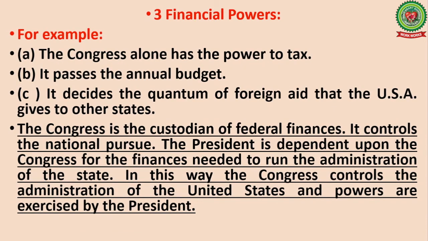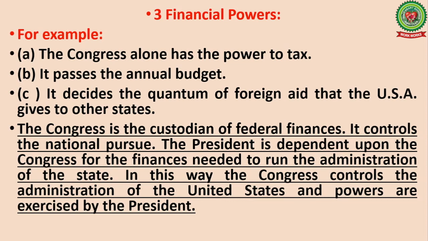Next is financial powers. The example is that the Congress alone has the power to tax. It passes the annual budget. It decides the quantum of foreign aid that the USA gives to other states. So you see, in all these points, I have talked about financial matters. In all these matters, who is giving approval? It is the Congress. So this is the financial power of the Congress.